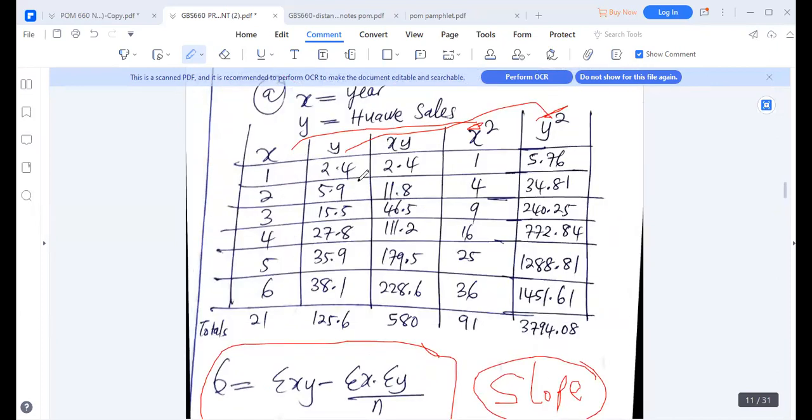There are 6 of them, the N is 6: 1, 2, 3, 4, 5, 6. So it's a mean of this.